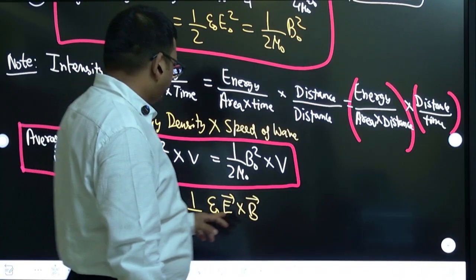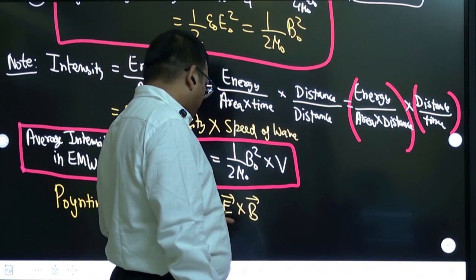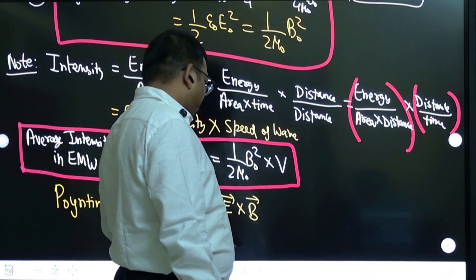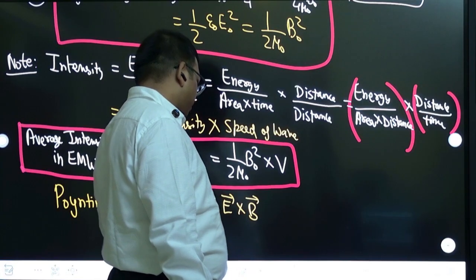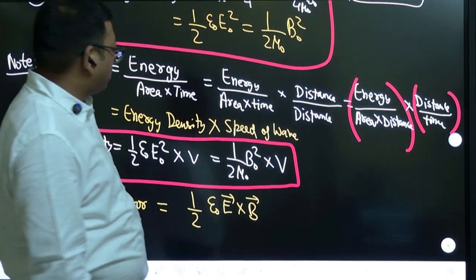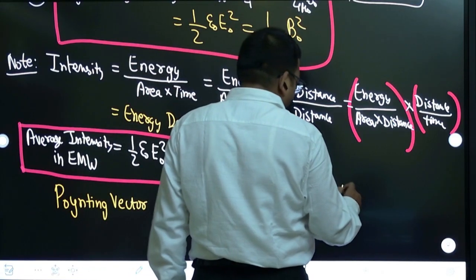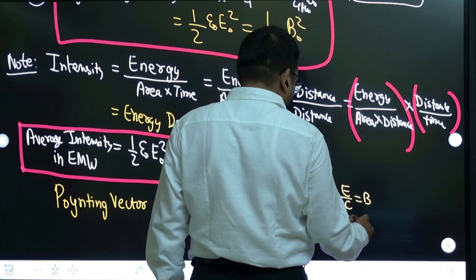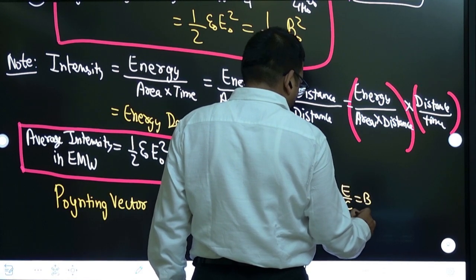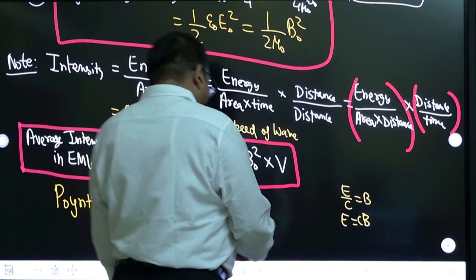Because if I write E by C, E by C is equal to B, right? Check out whether this is coming or not. E by C is equal to B. So E becomes C times B, correct?